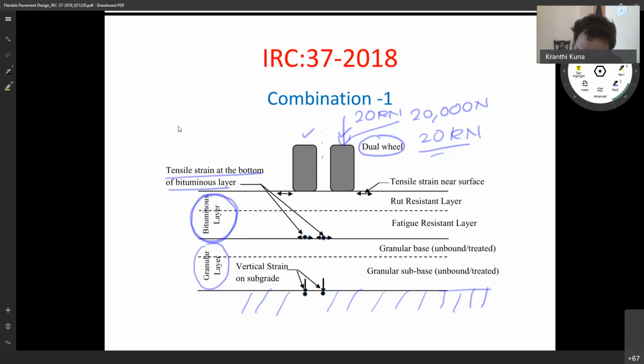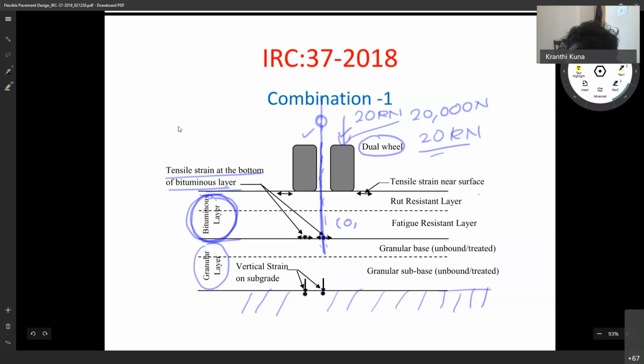Still, according to IRC 37, you have to always model the bituminous layer as a single layer, and you determine the tensile strain at this location, which is the mid. We call it the zero location, zero in the x or y direction. This coordinate is 0 comma z.